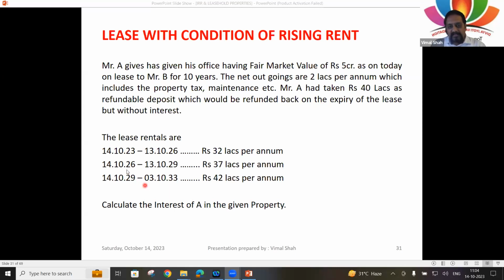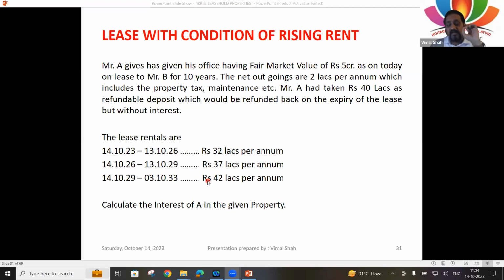Now the lease rentals are, say from today, 14/10/23 to 13/10/26, 32 lakhs per annum. From 14/10/26 to 13/10/29, 37 lakhs, and 14/10/29 to 13/10/33, it is 42 lakhs per annum.